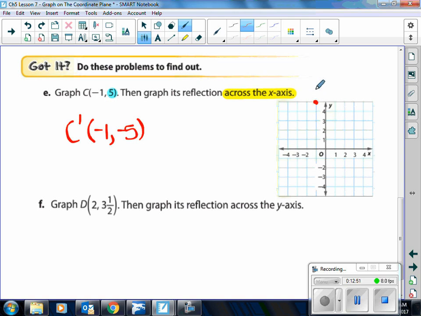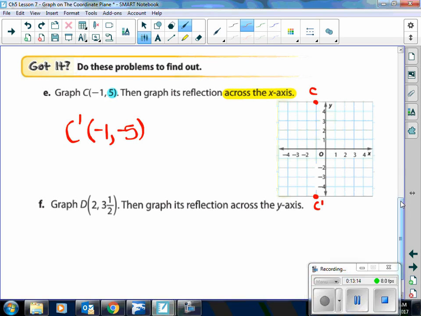There's C. And label. And then the composite point, or the reflected point, will be negative 1, comma, negative 5. 1, 2, 3, 4, 5. And here is C composite.